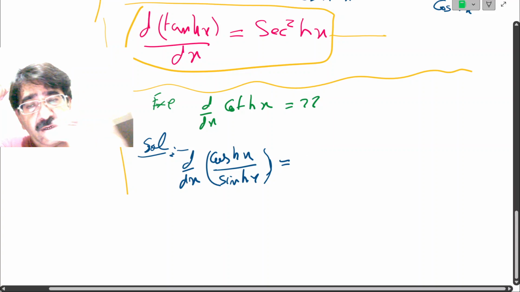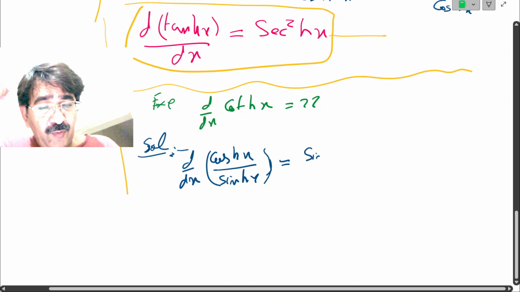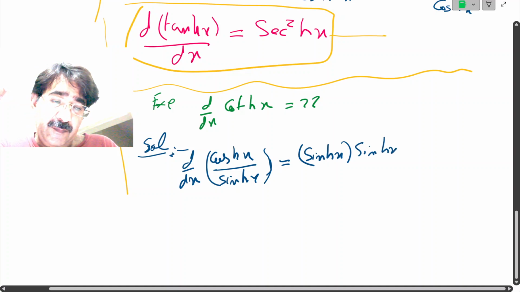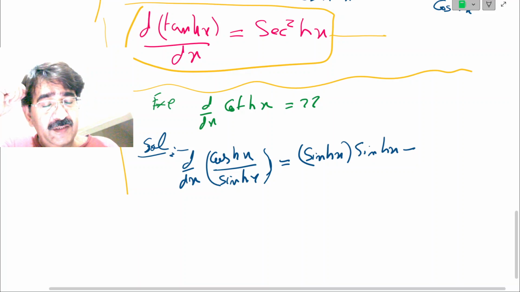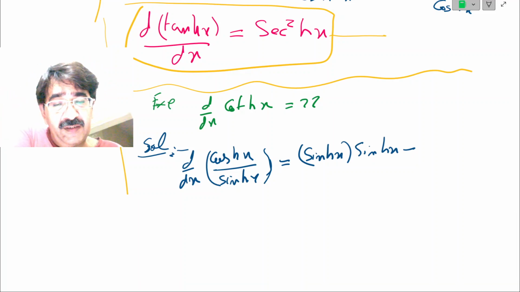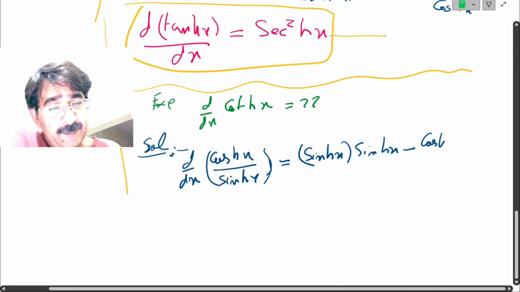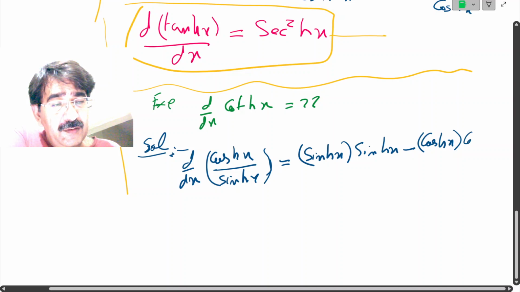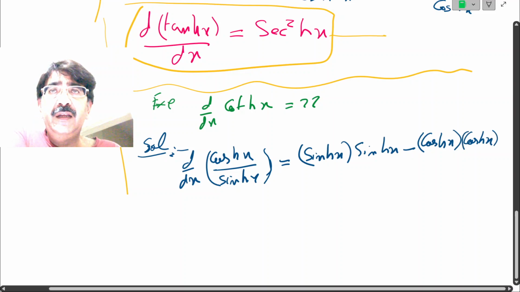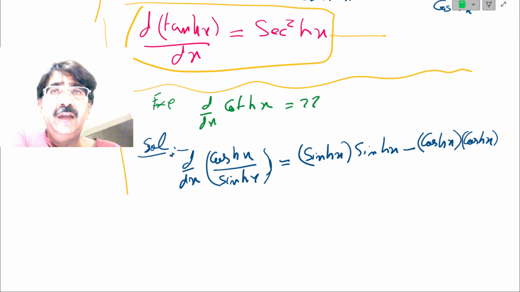The derivative of cos hyperbolic is sine hyperbolic x. The derivative of sine hyperbolic will be cos hyperbolic. The denominator will be as it is. Always keep in mind that in hyperbolic functions, the derivative of sine hyperbolic is cos hyperbolic and of cos hyperbolic is sine hyperbolic. There will be no sign inversion.